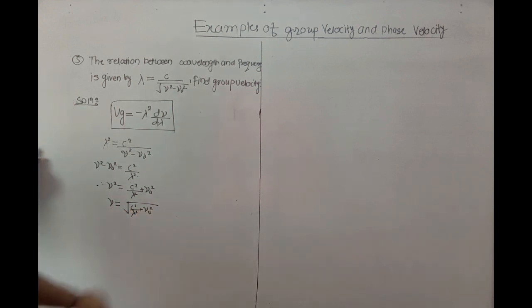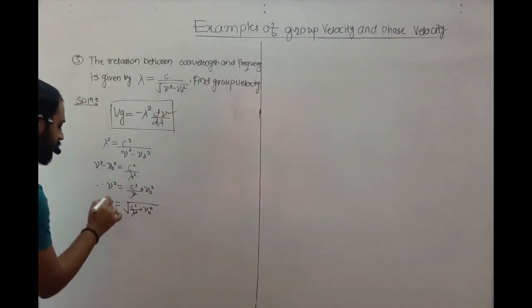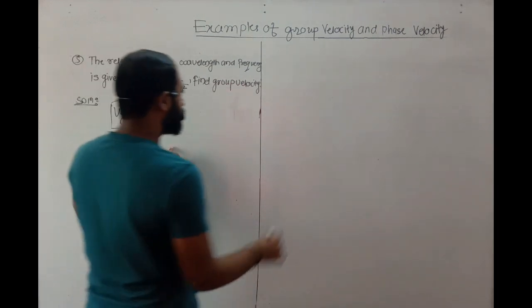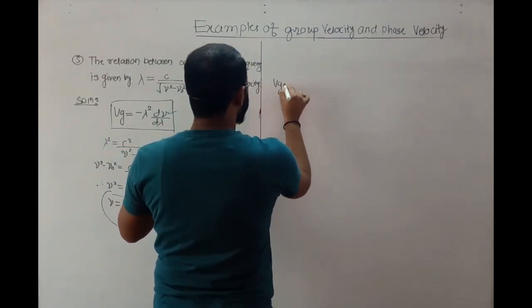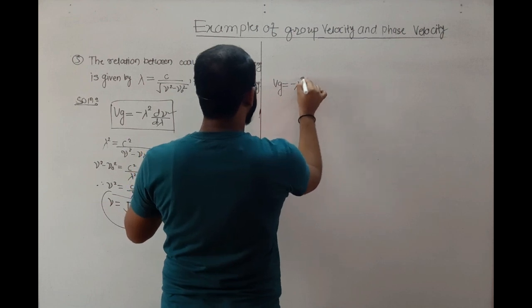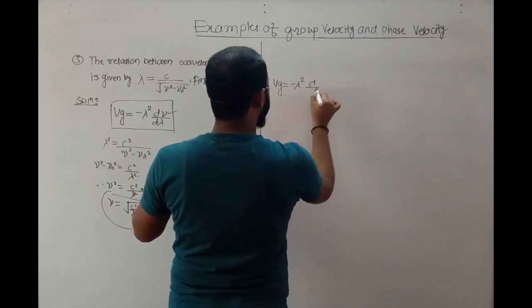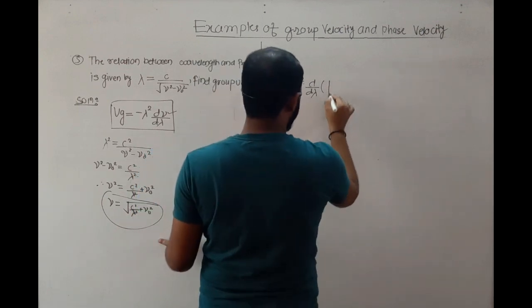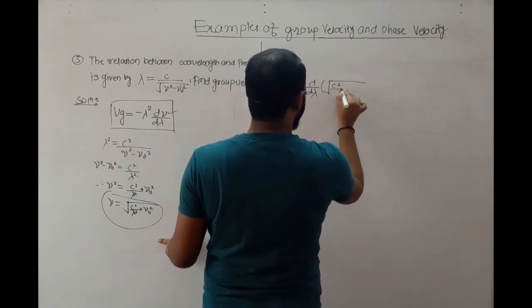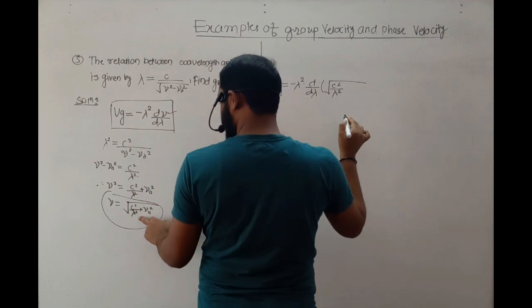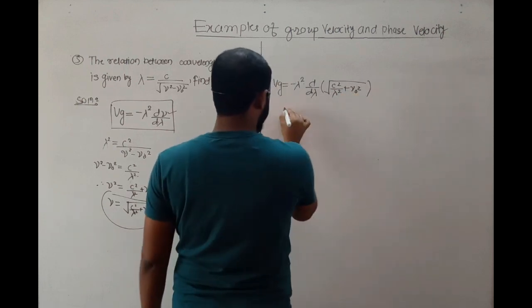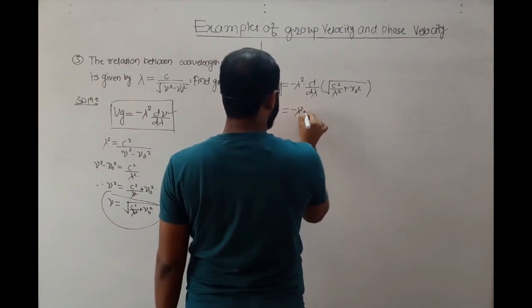Now, I got this nu and I can differentiate this nu with respect to lambda. So, see, Vg equals to minus lambda square as it is. Now, d by d lambda. Put the value of nu, that is root of c square by lambda square plus nu naught square, minus lambda square as it is.